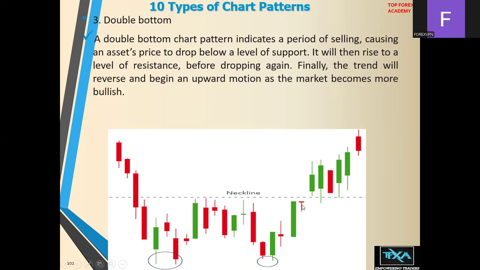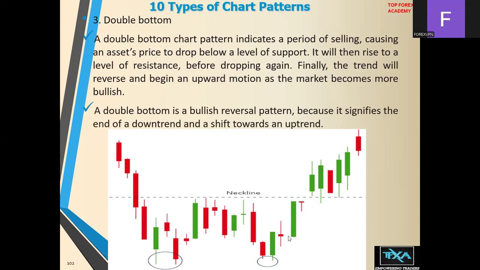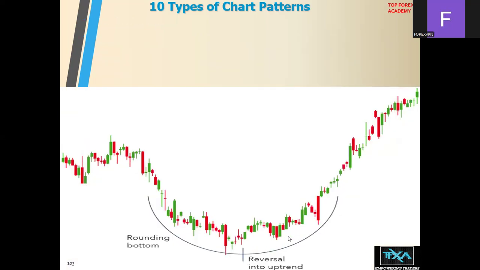Finally, the trend will reverse and begin an upward movement as the market becomes bullish. So a double bottom is a bullish reversal pattern because it signals the end of a downward trend and shifts towards an upward trend.